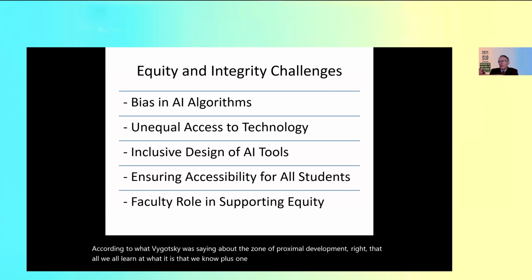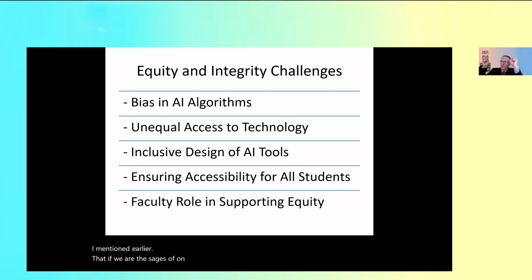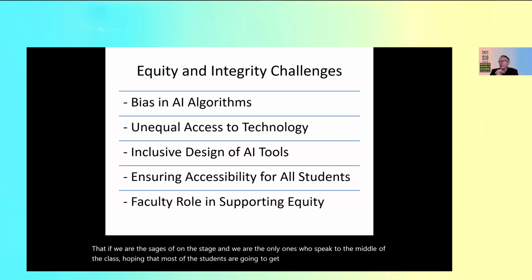So this again addresses the issue that I mentioned earlier, that if we are the sages on the stage and we are the only ones who speak to the middle of the class, hoping that most of the students are going to get something out of the lecture, now we can trace development of specific skill and competency attainment as students move in and out of the classroom.